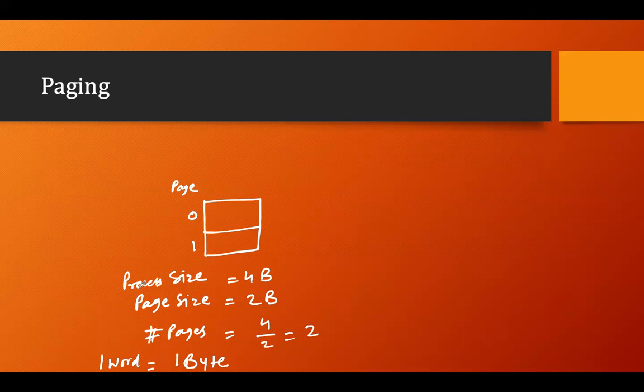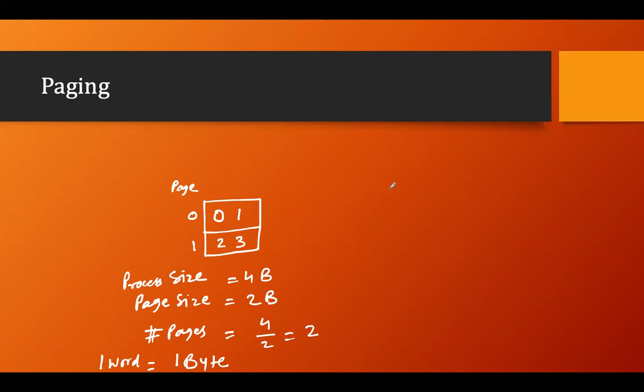So the whole process will be divided into 2 pages, and in each page we have 2 bytes or 2 words, which will be represented as word number 0, word number 1, word number 2, and word number 3. This is how the pages will be, and this is how the process will be stored. So this is my process.